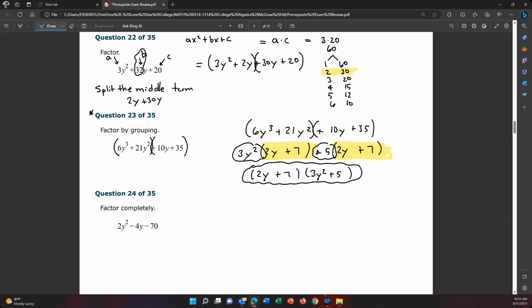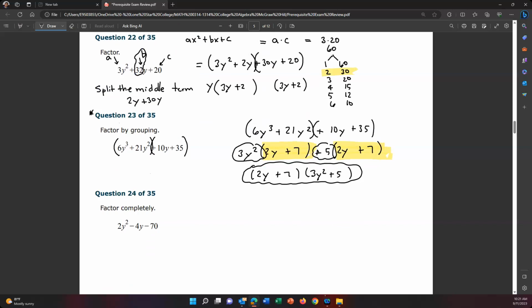All right, let's see. What can we get out of these two terms? Out of the 3 and 2, it seems like we only get 1 in common. That doesn't really help us too much, but we can get a y. We can factor out a y, and we get 3y plus 2. And you will notice that out of the second group, the only thing we're going to get out of that will be 3y plus 2.